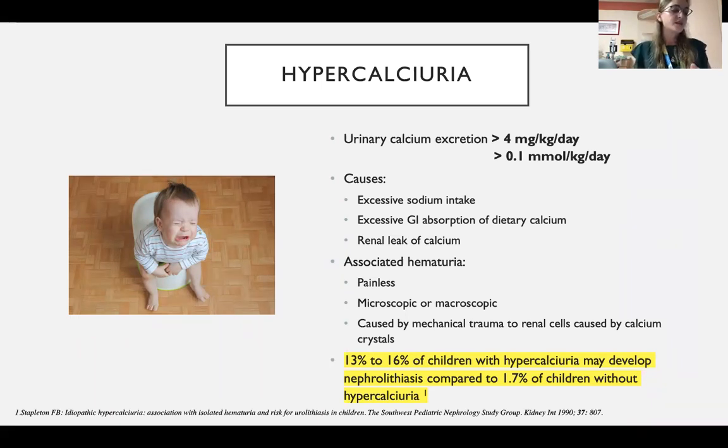Patients with hypercalciuria are also at much higher risk of developing nephrolithiasis. This paper by Stapleton showed that 13 to 16% of the children with hypercalciuria are at risk of developing nephrolithiasis compared to 1.7% of children without this pathology.